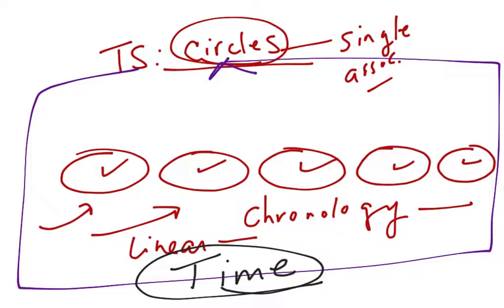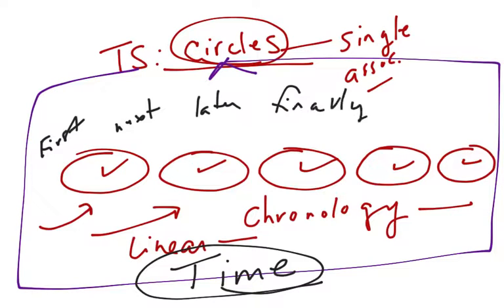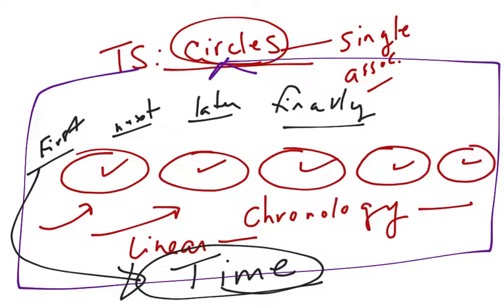And so the language that we'll be using will be time words. First, next, later, finally. This is the language that indicates, okay, he's organizing by time. The initial, the opening line.